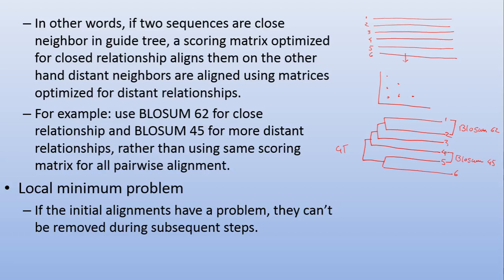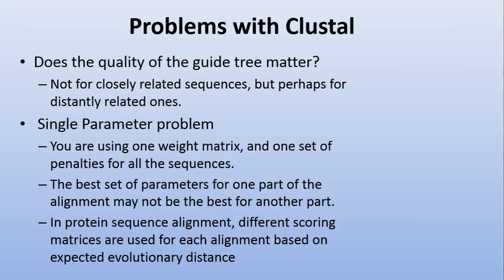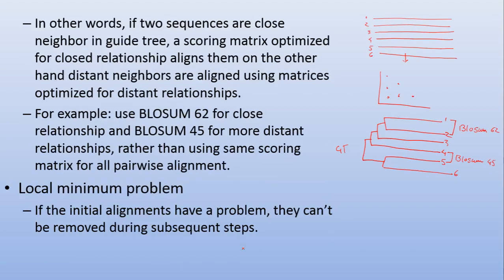Okay, so the scoring matrices are to be appropriately used. That is what is said in sequence alignment. Different scoring matrices are used for each alignment based on the expected evolutionary distance between the sequences.